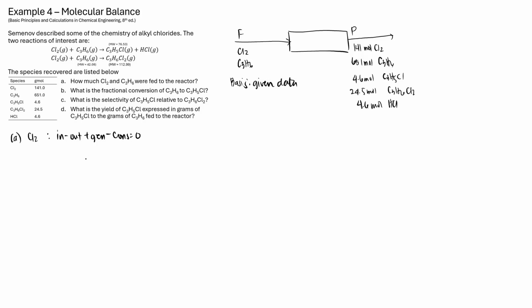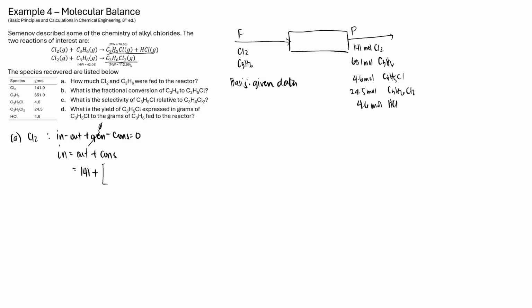Okay, Cl2 went in, it did go out, but it is not generated, and it is consumed. So the simplified balance is in equals out plus consumed. How many went out? 141 plus consumed, it is consumed by this reaction and this reaction.